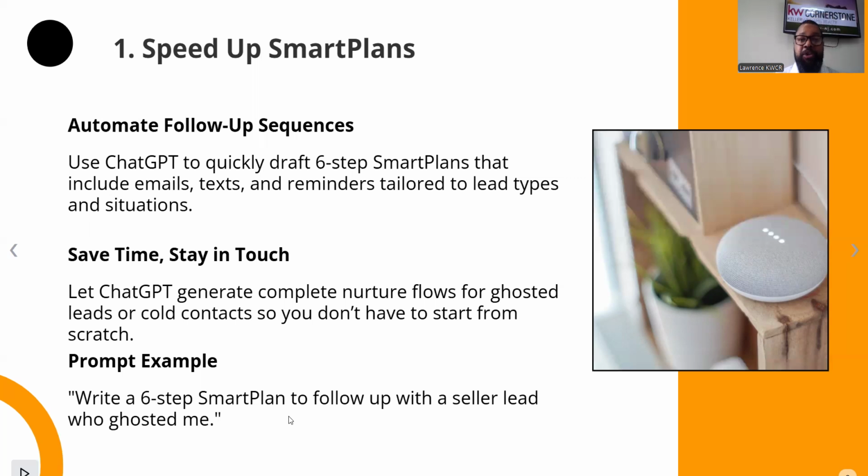And ChatGPT knows how to create and write those emails so that you're not sitting there trying to figure out, well, what do I send to this person? What do I do? How do I do it? All that stuff. Does everyone follow so far? Yes.